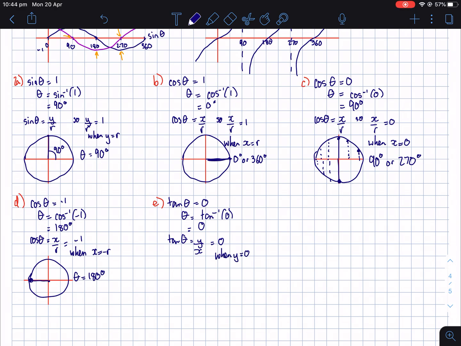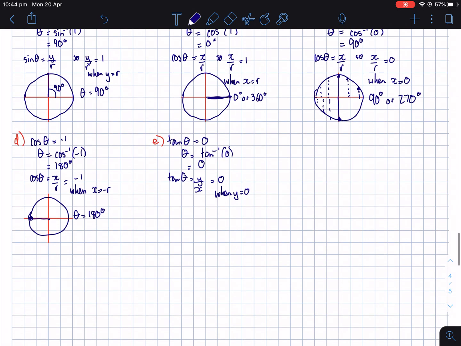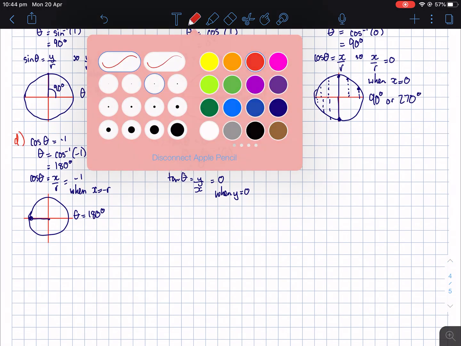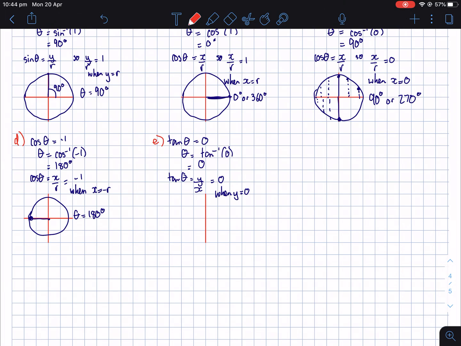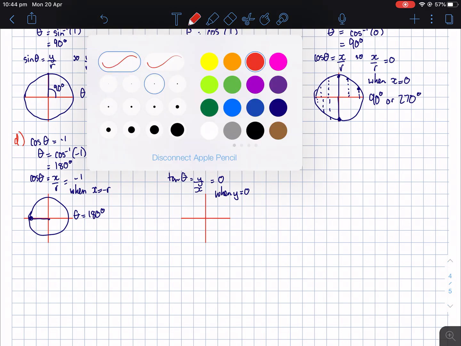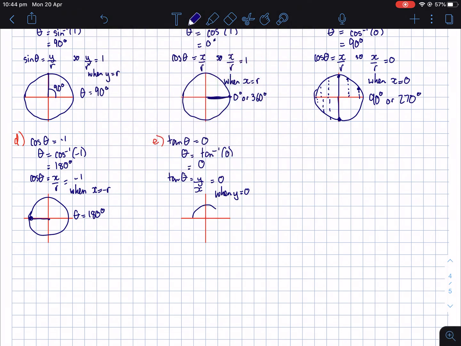It can't be when x is 0, because x is 0 means you're dividing by 0. Can't do it. So y equals 0. Let's draw it. Put your circle on. Y equals 0 here, but also here, because it's like 0 up. So theta is 0 degrees or 180 degrees.